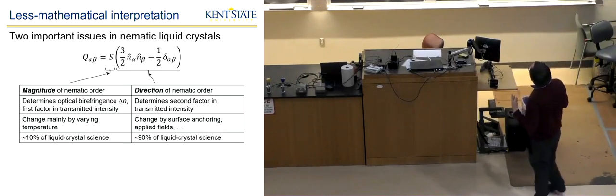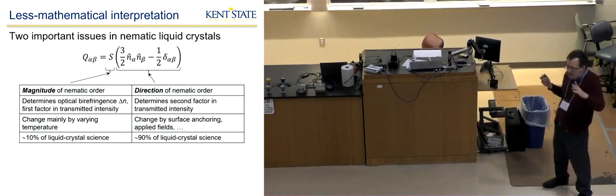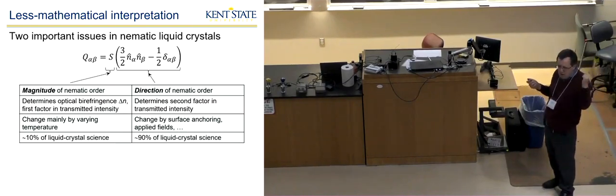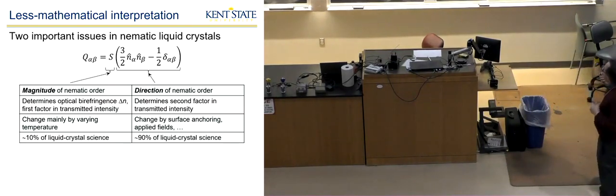Then the other 90% has to do with the direction of nematic order. Of all the axes, which one did the molecules choose? That's characterized by this n unit vector, which is an eigenvector of the Q tensor.